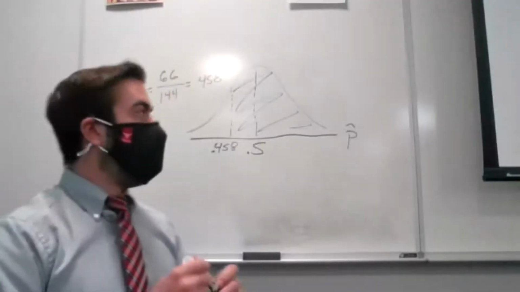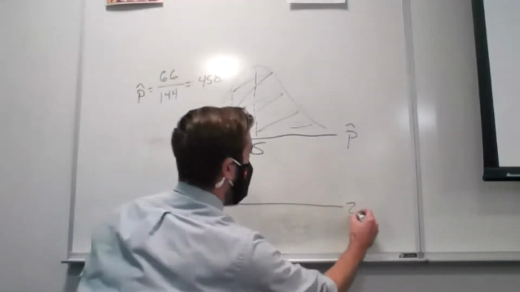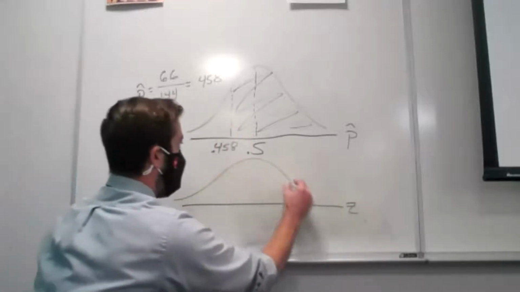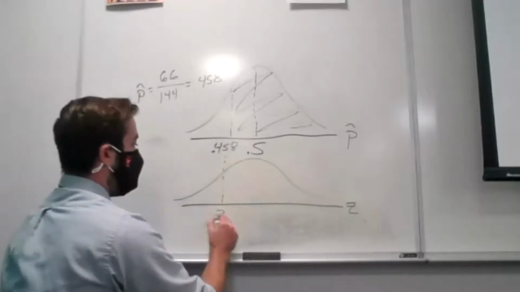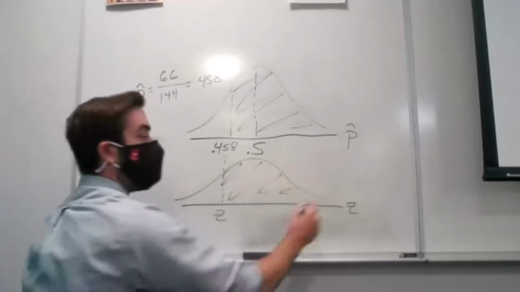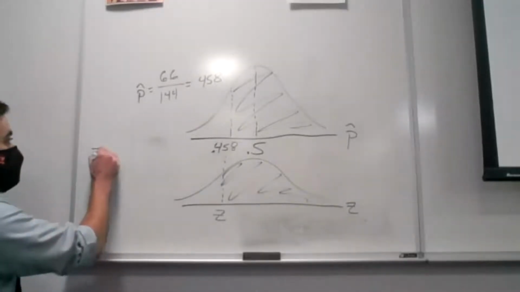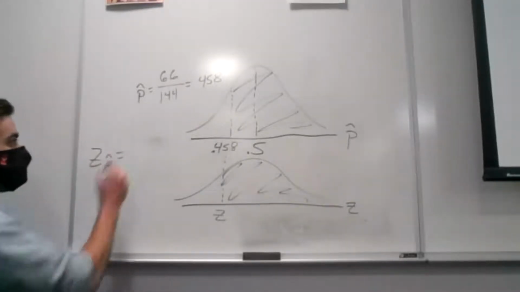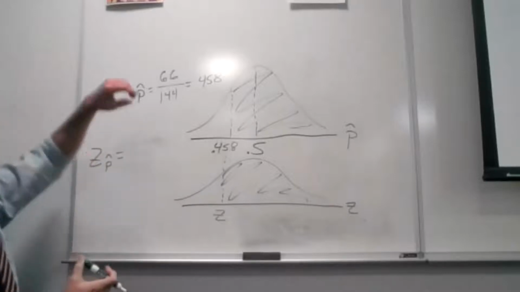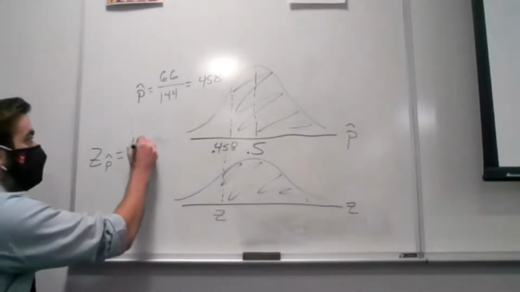So let's keep going. I want to turn this value into a z-score and then find the area to the right of it. So we have that z-score equation. The first thing in there is the cutoff we're interested in, so 0.458.